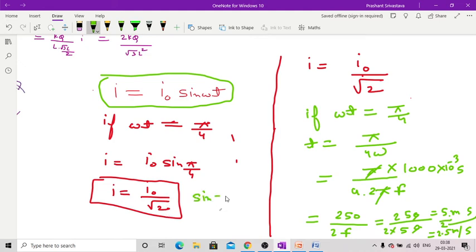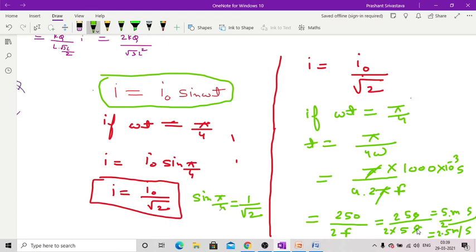You know that sine pi by 4 is equal to 1 by root 2. Then I is equal to I naught by root 2. So it means that omega t is equal to pi by 4. Then t is equal to pi upon 4 omega. Put the value of omega 2 pi f, multiply with 1000 into 10 to the power minus 3, and put the value of frequency.